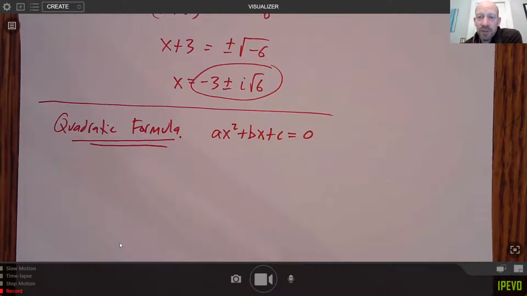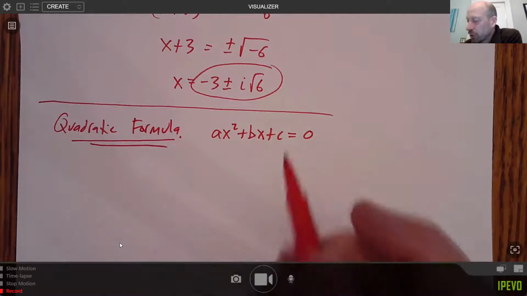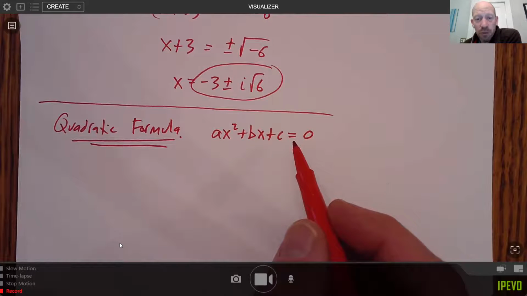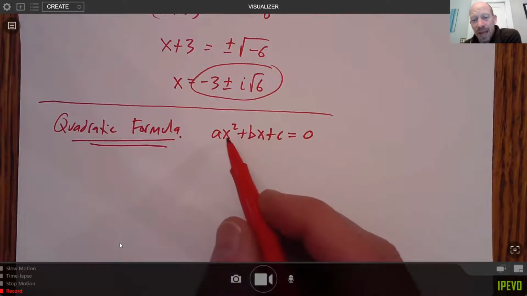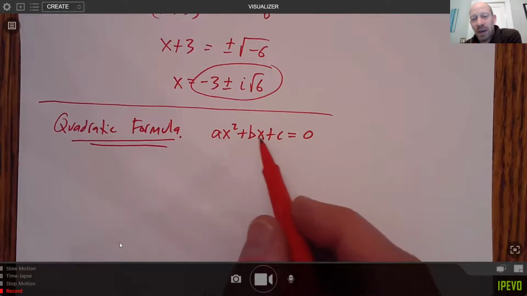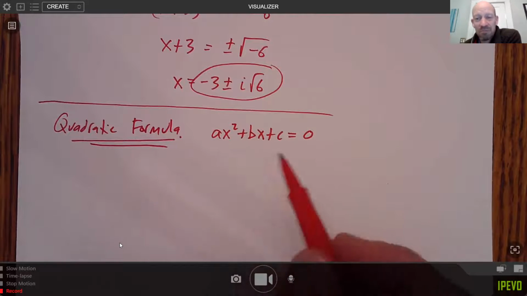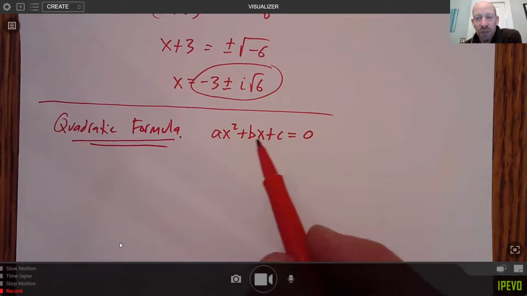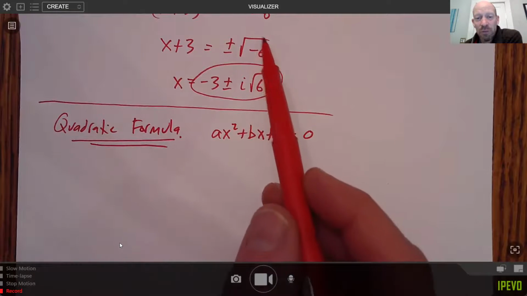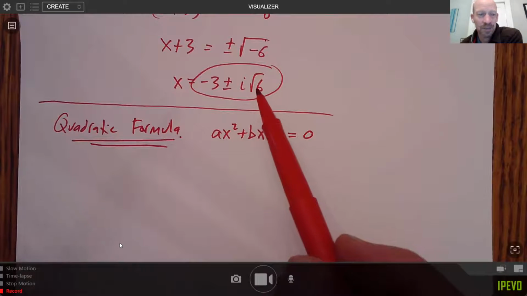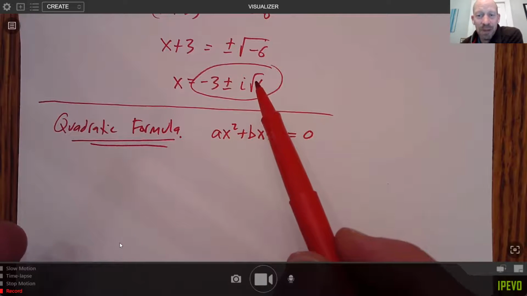If you have a quadratic equation like this and you do the completing the square process, keeping track of what happens to A, B, and C, you have to divide everything by A, then divide this term by 2, do that factoring and the square root process, and move things around just like we did there. We could totally do it. It would take us about 5-10 minutes.